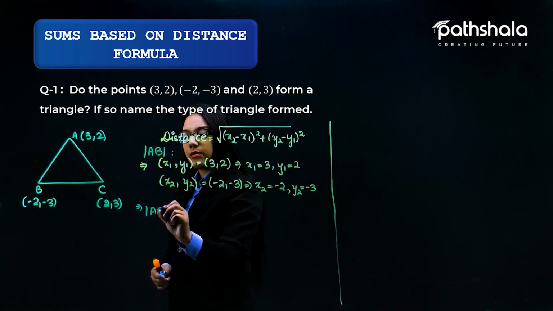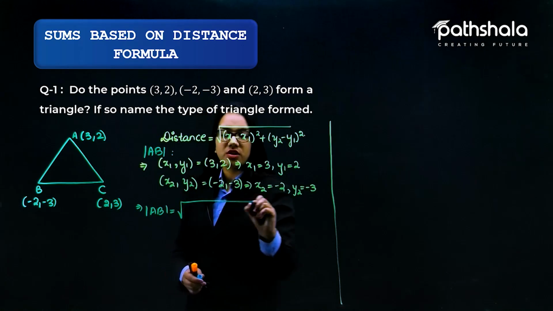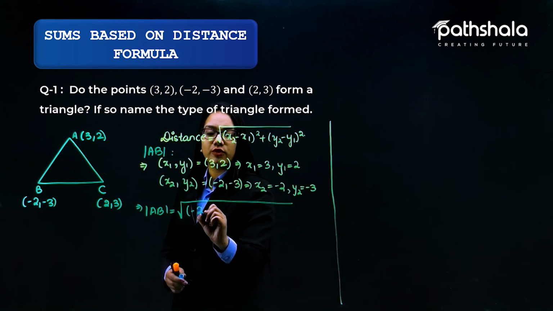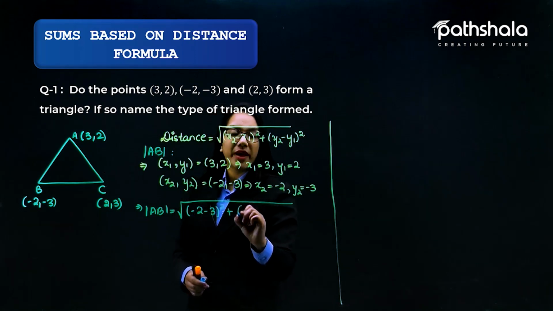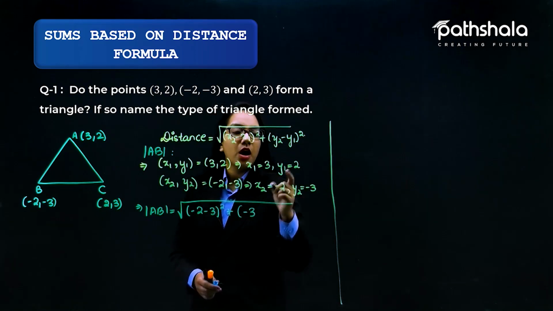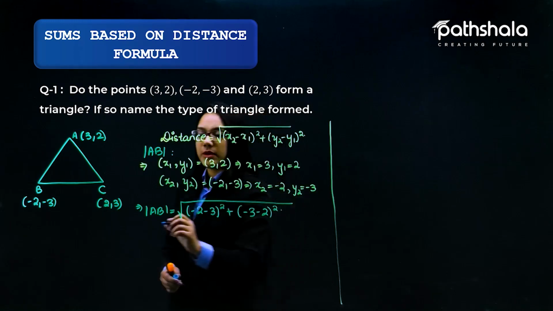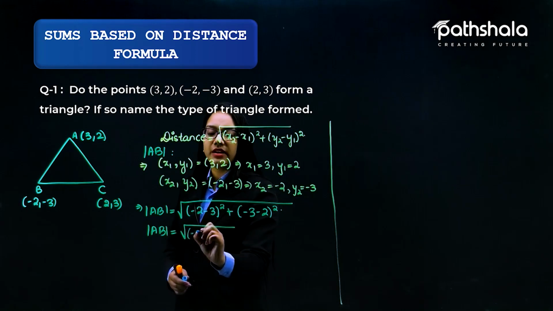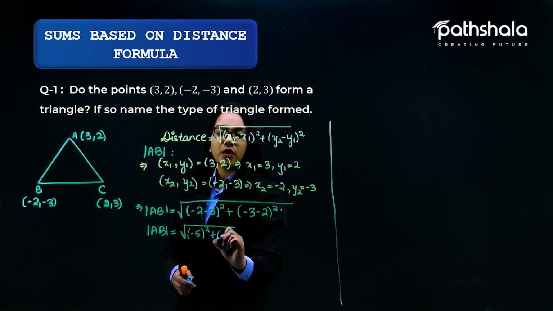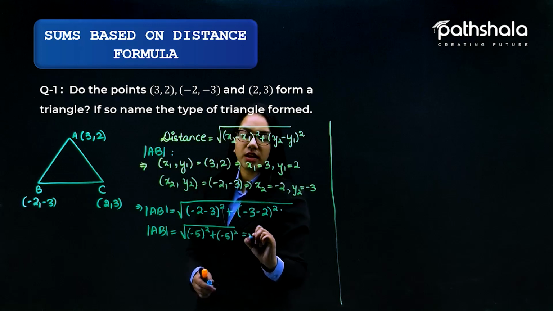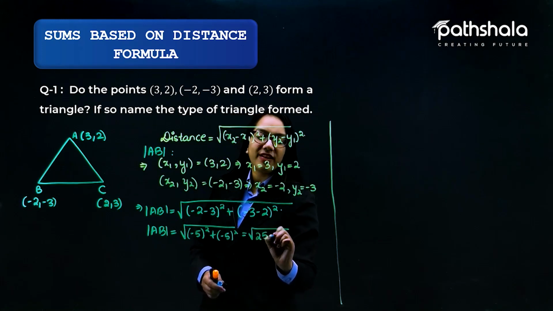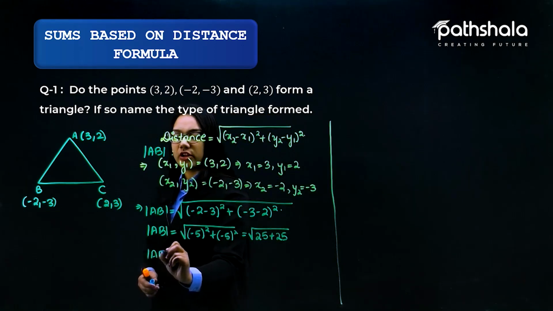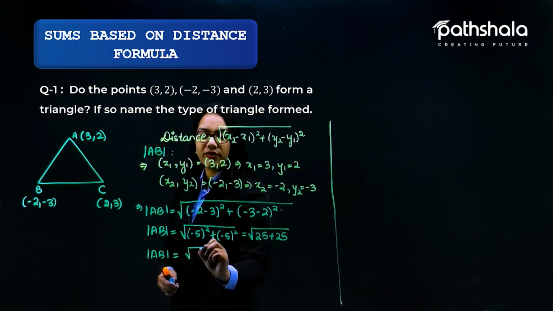So the distance AB, using the distance formula, would be x2 minus x1 whole square, so minus 2 minus 3 whole square, plus y2 minus y1, means minus 3 minus 2 whole square. It means the distance AB is the square root of (minus 5) whole square plus (minus 5) whole square, which is the square root of 25 plus 25, that is square root of 50.